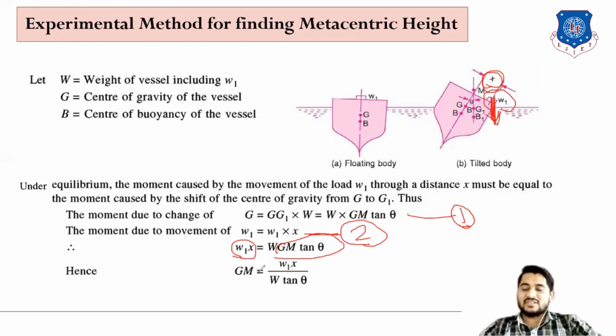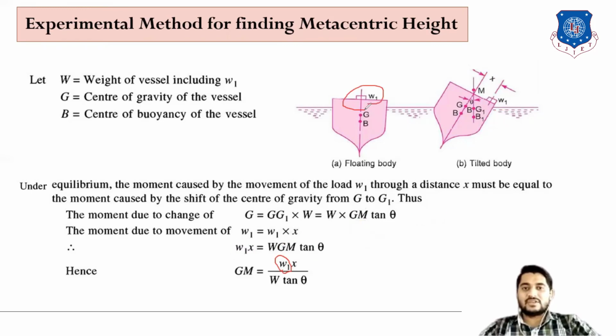So GM is equal to W1 into x divided by W tan theta. Here W1 is the small weight, x is the distance from the center to W1, W is the weight of the large body or the weight of the floating body. We can say the weight of the pontoon also. And theta is the small angular displacement. That means GM is equal to W1x divided by W tan theta.